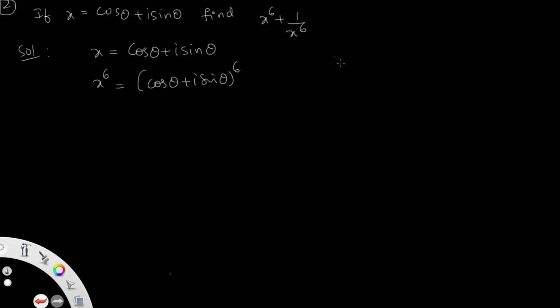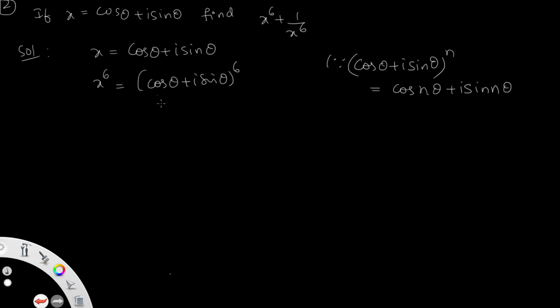Since it is in the form of De Moivre's theorem, the first formula we already learned: cos theta plus i sin theta whole power n equals cos n theta plus i sin n theta. Just the power goes to the argument, joining the argument, that's all.